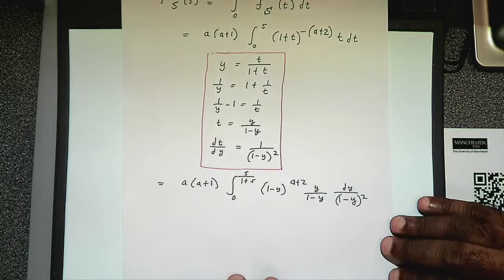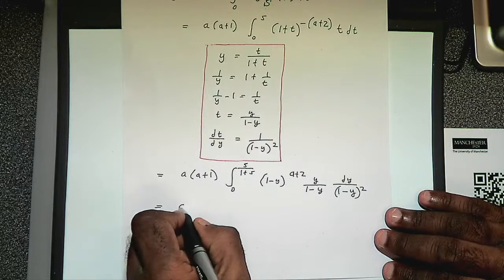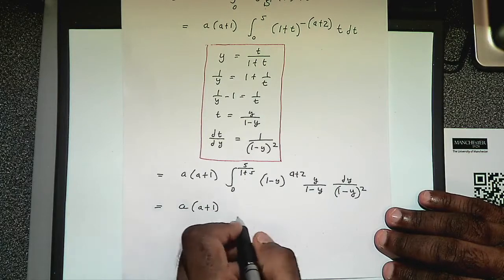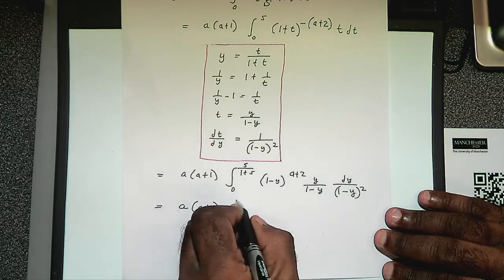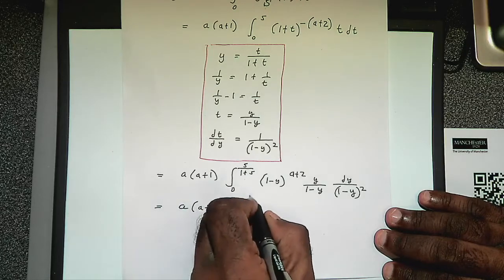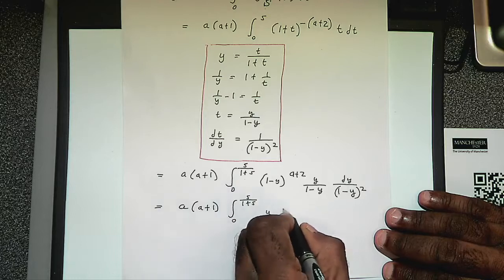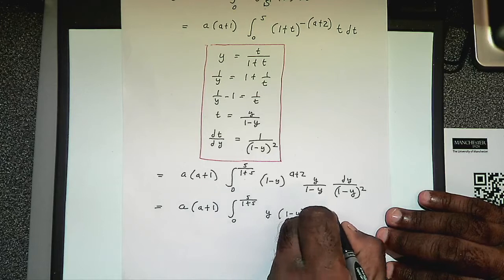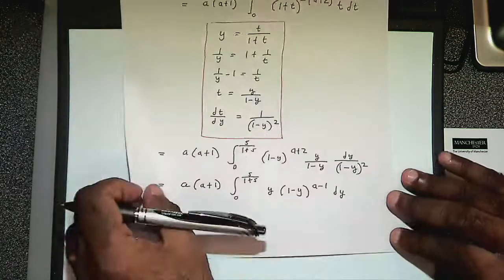Okay, sorry, I'm doing it in a rush, excuse me for that. So if you simplify things, you get the integral from 0 to this of y times (1 minus y) to the power a minus 1 dy.